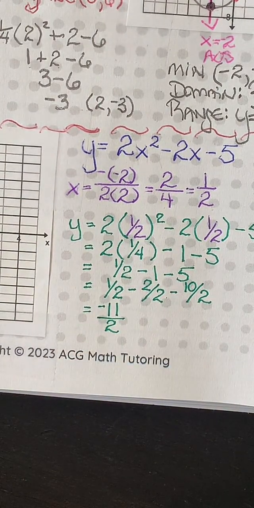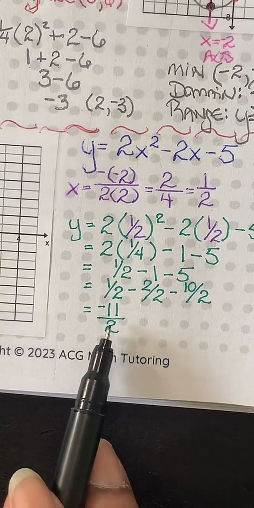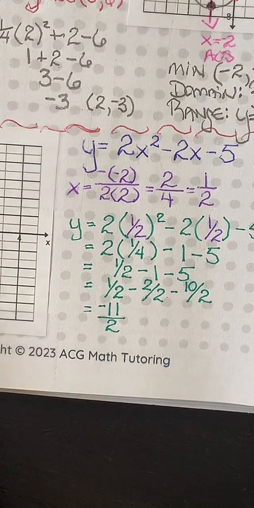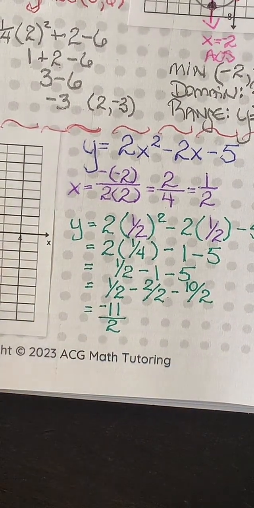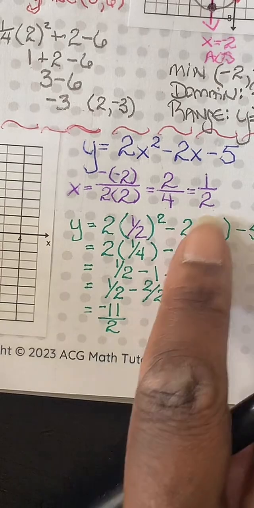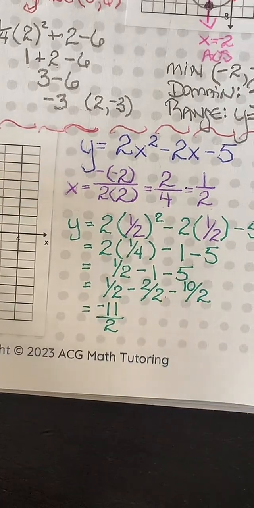-1 minus 10, remember, when you both have negatives, that means you're adding them, and you're keeping the sign. Okay? So you got your 1/2 and your -11/2. So if you want to make these into decimals, knock yourself out, okay? But all I know is my axis of symmetry was 1/2.